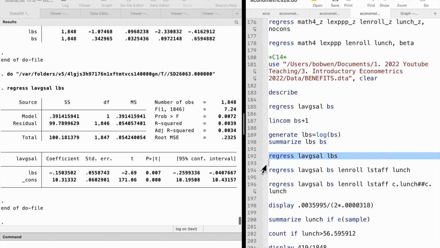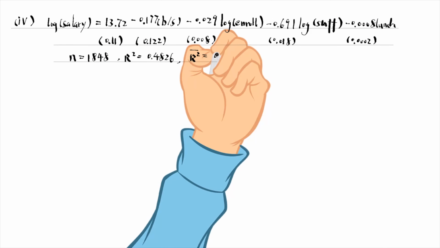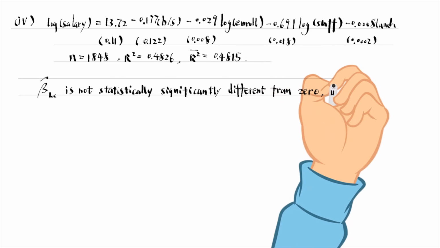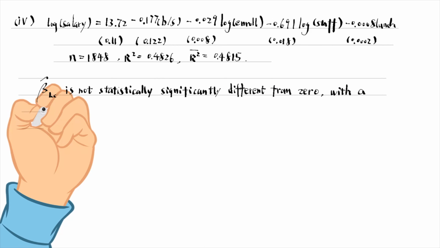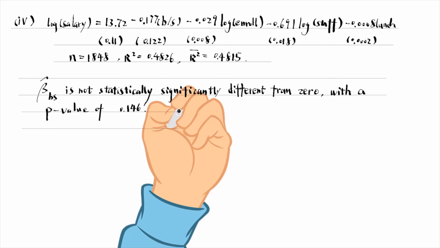In part 4, we run a multiple regression. The estimated equation is as follows. The coefficient on the benefit to salary ratio is not statistically significantly different from 0 with a p-value of 0.146.